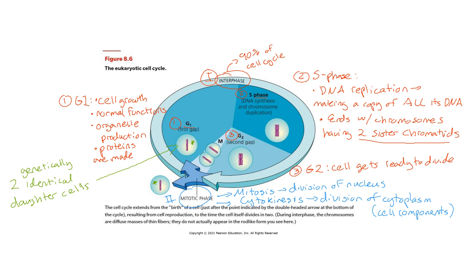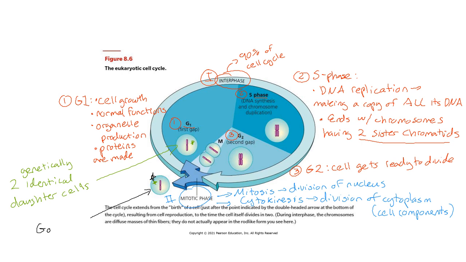It's telling you that sometimes after division, some cells like your muscle cells, like your neurons, they kind of leave this life cycle and go to something called the G0 cycle or the G0 stage, right?